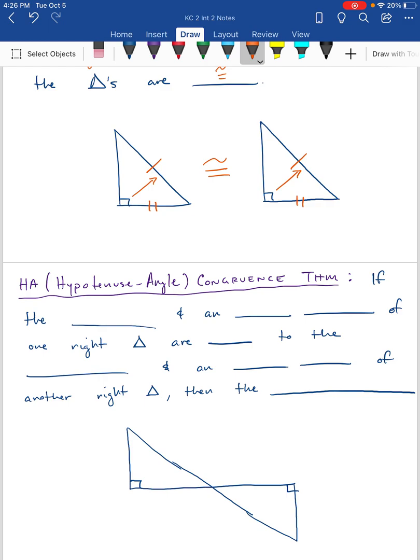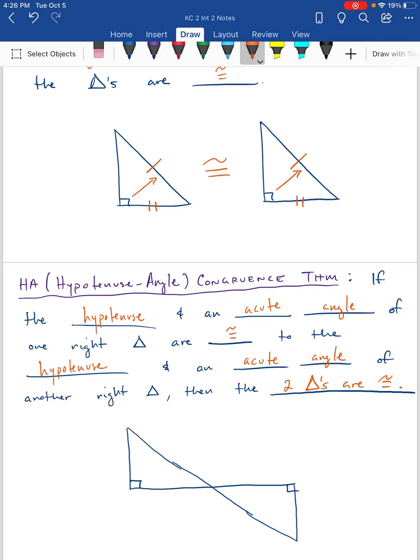Okay, now this one states that if the hypotenuse and an acute angle, remember acute means a smaller angle, smaller than 90 degrees, of one right triangle are congruent to the hypotenuse and an acute angle of another right triangle, then the two triangles are congruent.